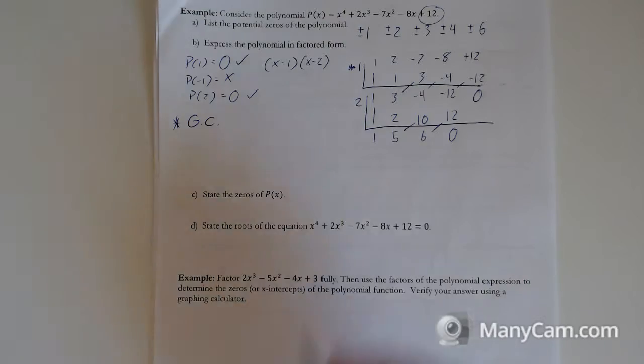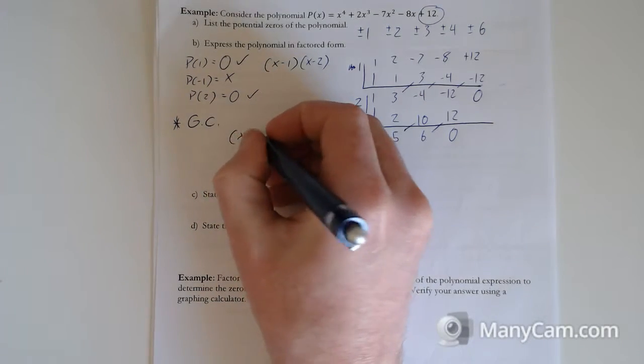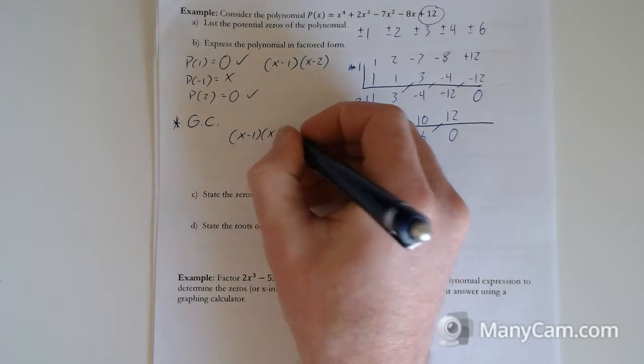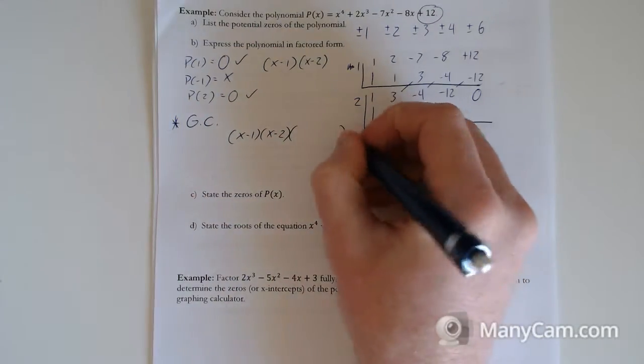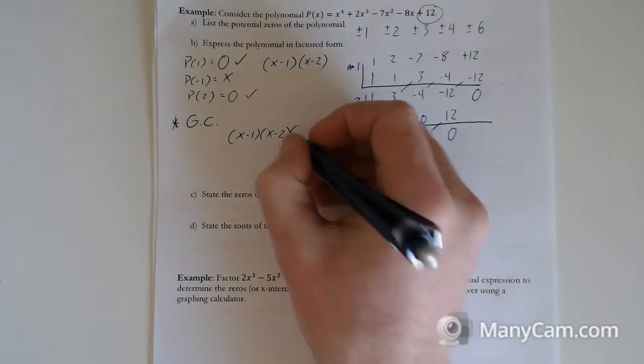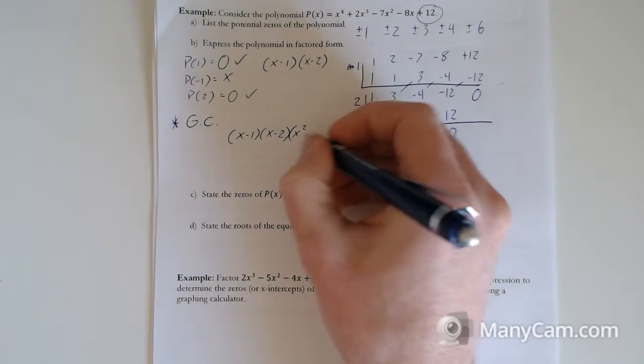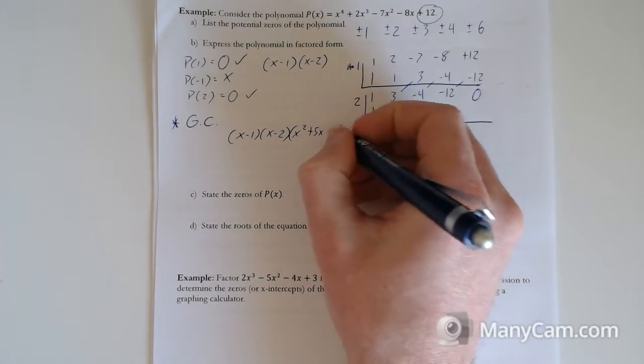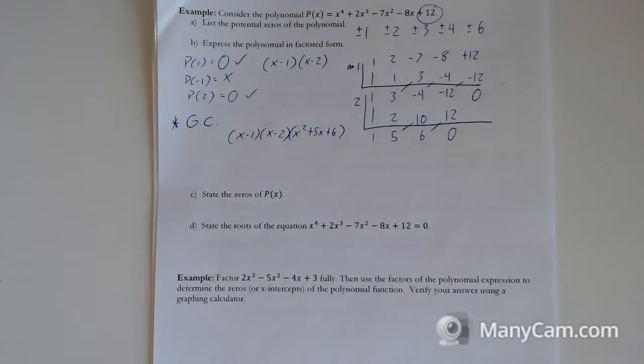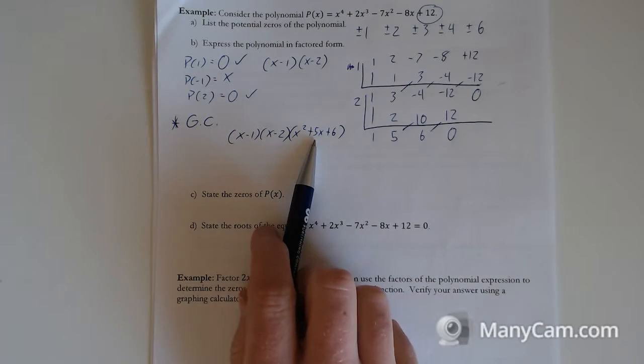Good. So we can write it as x minus 1, x minus 2, and the thing remaining is x squared plus 5x plus 6. Okay, let's find the two solutions that we didn't find before.